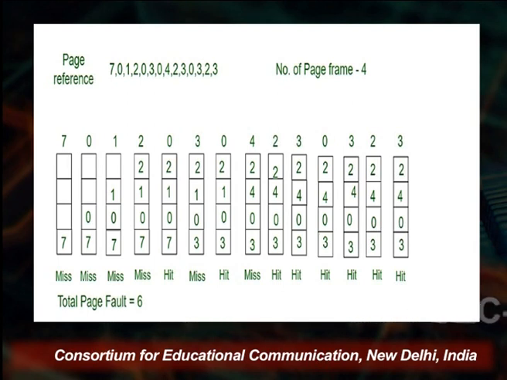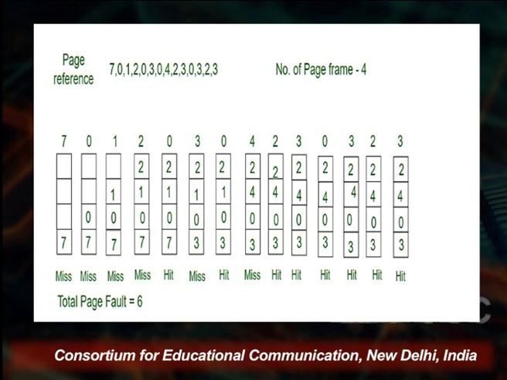Then the reference string has a request for 0, 0 is already available, so it is a hit. Then we have 4, which is obviously not available, and here we are replacing 1, that means 1 is being swapped out, knowing that 1 is not going to be used for a long time in the future.